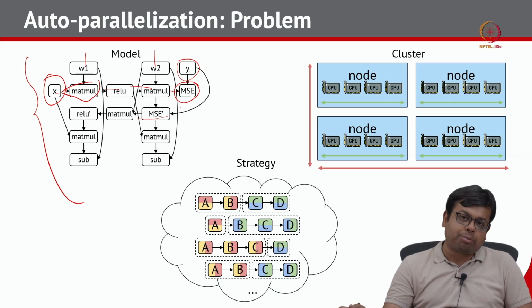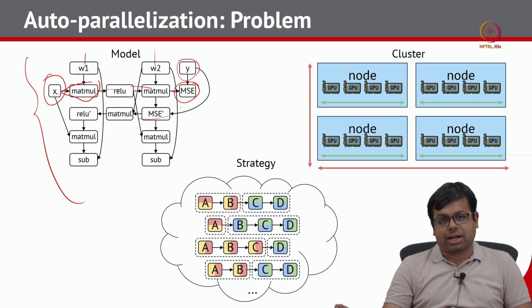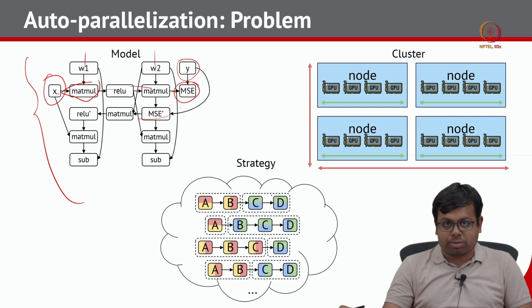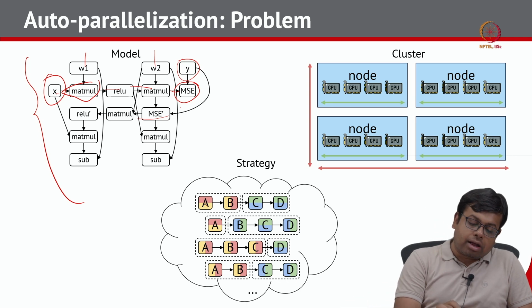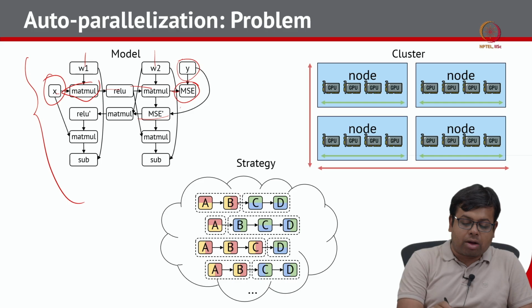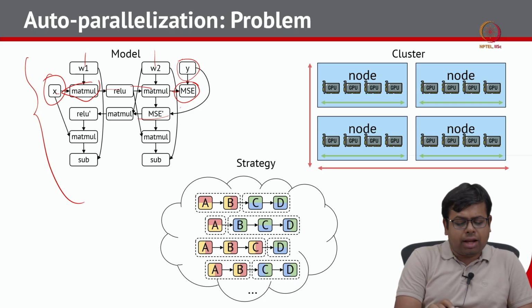Whenever we say parallelizing the training, we can break the model along multiple axes. Let us say A, B, C, D are 4 different nodes of the computational graph. Then we can break A, B horizontally, vertically, etc. A bounding box means we are mapping that part of the computational graph to one node, and different colors also mean different GPUs.